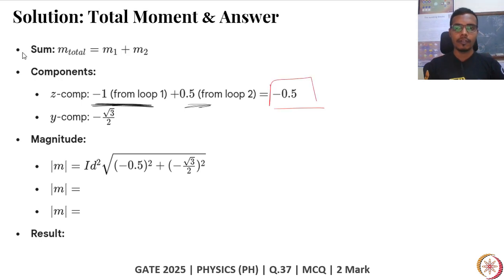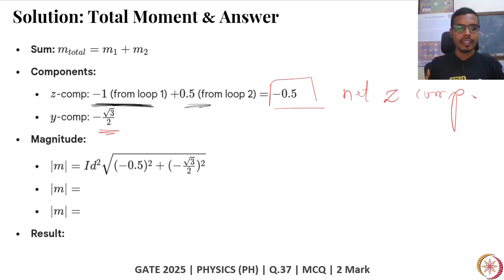Now look at the y component. The y component is simply minus root 3 by 2, and this is from loop 2. Loop 1 did not have any y component, so this is the net y component.